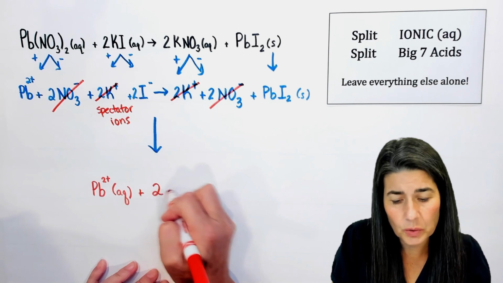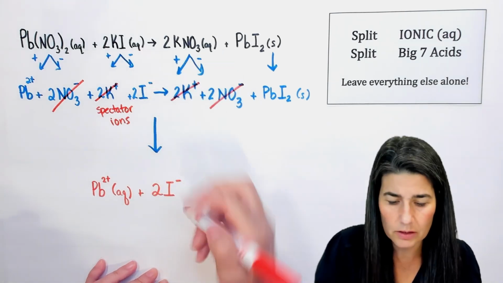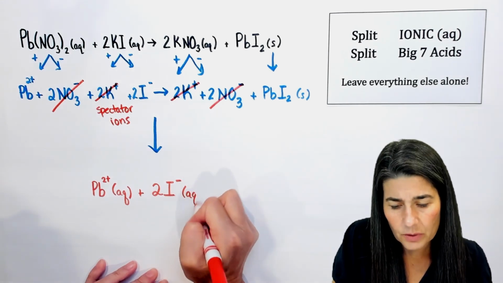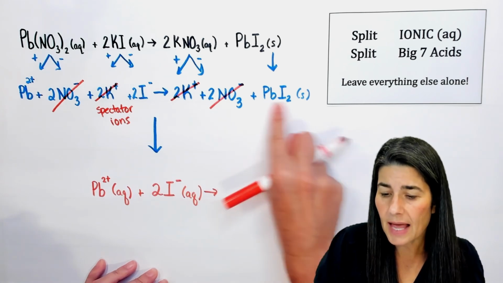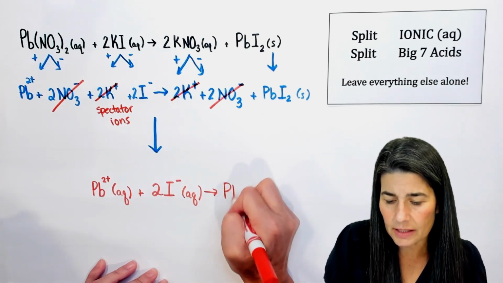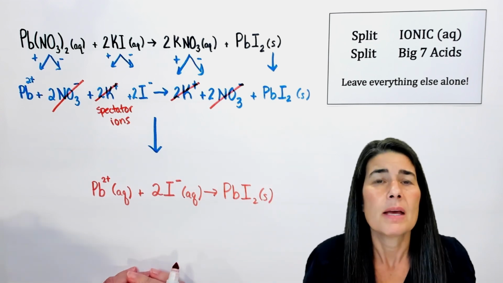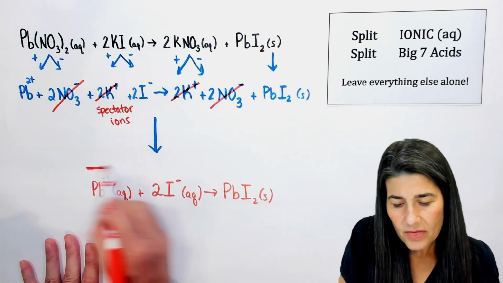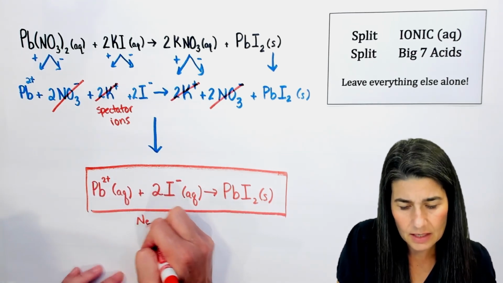I have two I- that originally came from an aqueous solution. I'll write that down right here. Those two formed lead iodide as a solid, PbI2 as a solid.